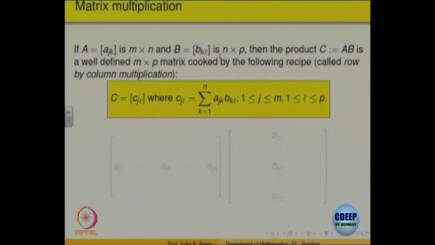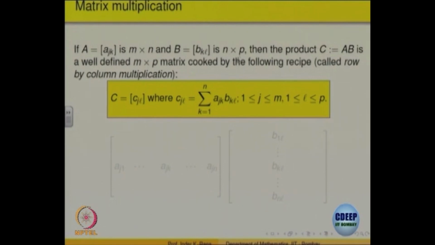So what will be the resulting matrix? c_jl, j varies from 1 to m, l varies from 1 to p. A is of order m cross n, B is n cross p. Each entry is getting multiplied and added up, and you get order m cross p for the product.